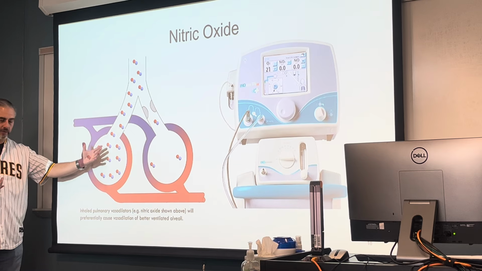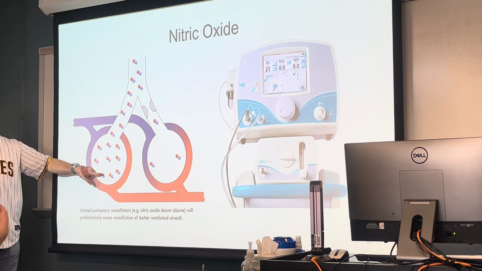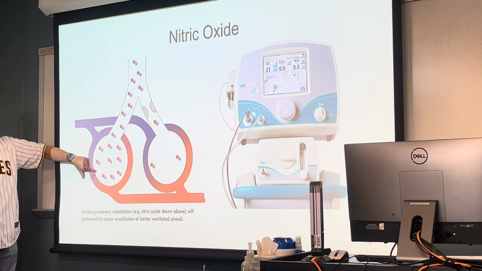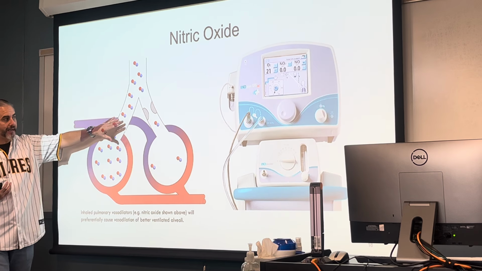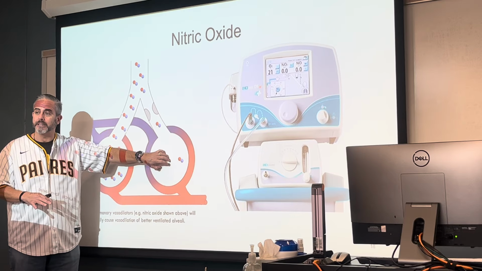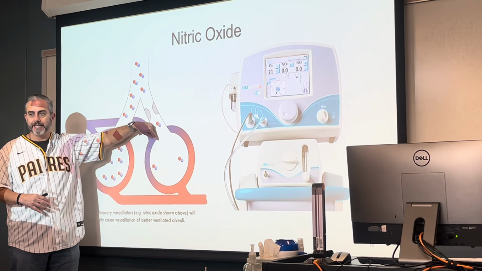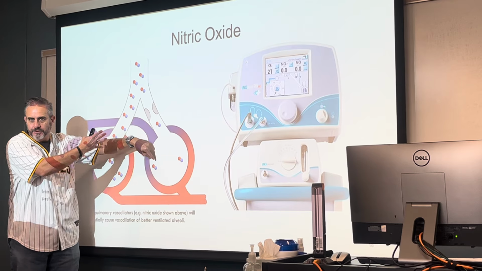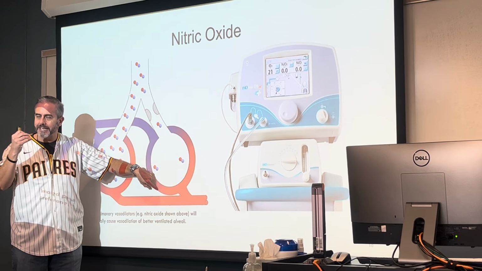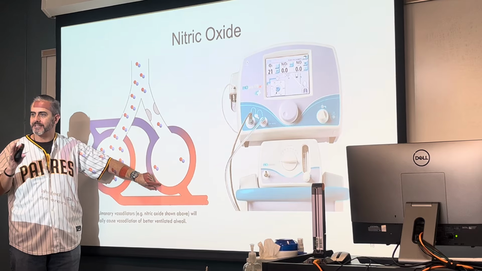If you have alveoli that are open, then the nitric oxide can get into the bloodstream and cause the blood vessels here to vasodilate. If I have an alveoli that is underventilated, or let's just say completely collapsed, well, guess what's not going to get in there, or very little of it, like pictured, very little of it's going to get in here. The likelihood of vasodilation here is going to be less likely.